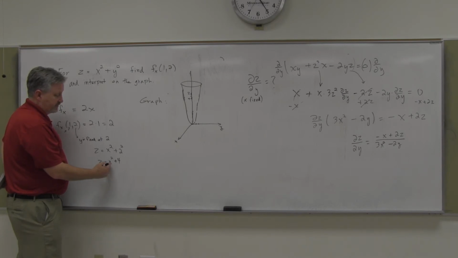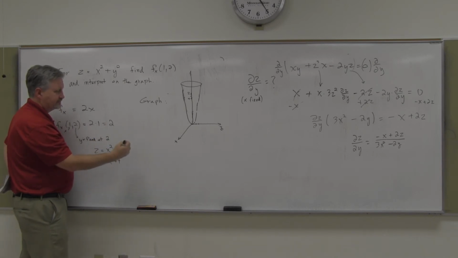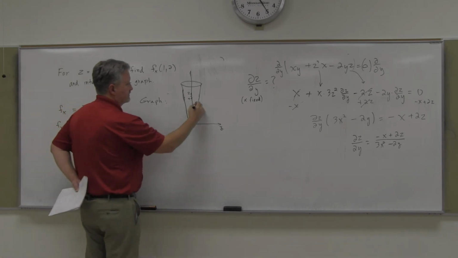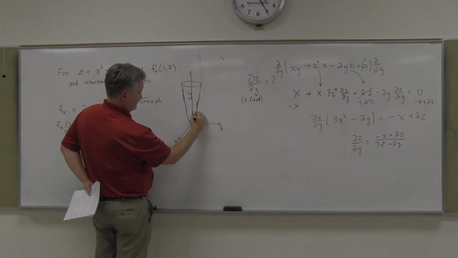The vertex of that would be at x is 0, y is 4. I mean, x is 0, z is 4. Y is, of course, fixed at 2. Anyway, where's 4? It'd be right about here.